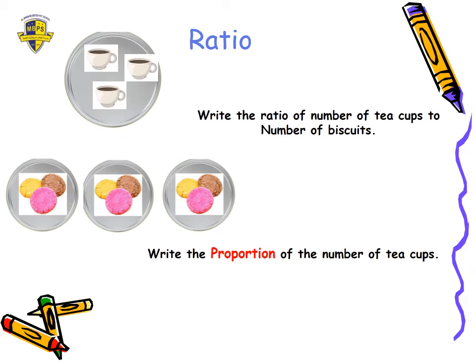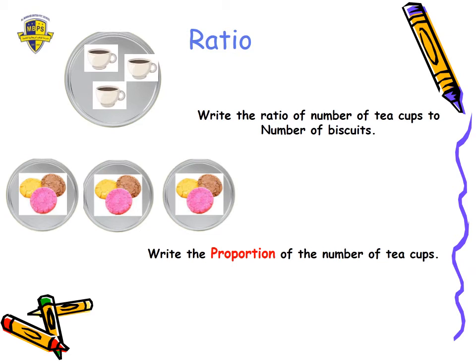So here, we can say there are 3 teacups and the biscuits count 3 plus 3 plus 3, 12. So if you want to say this is 3 to 12, correct. But I want to tell you something great. How many cups of tea in the tray?